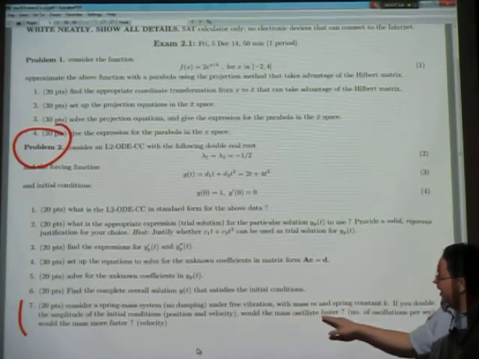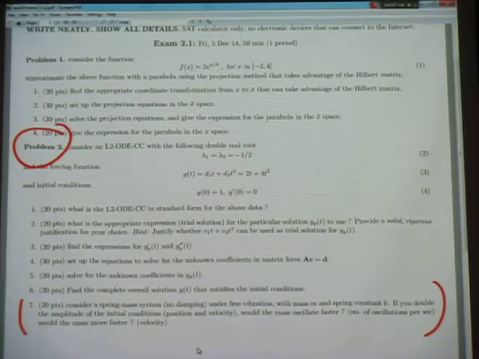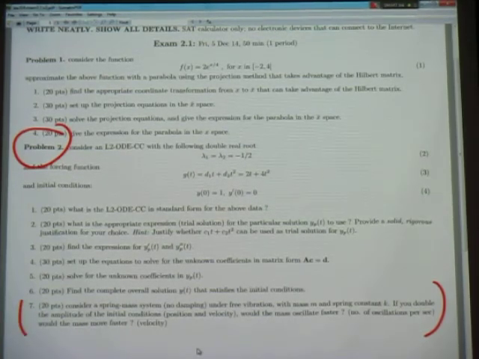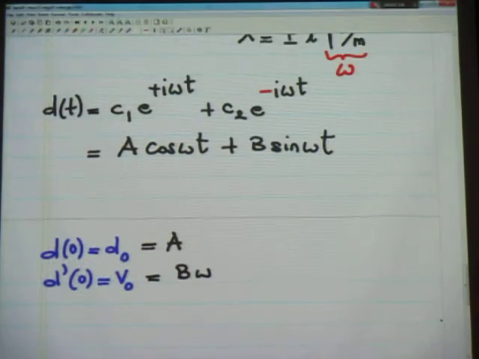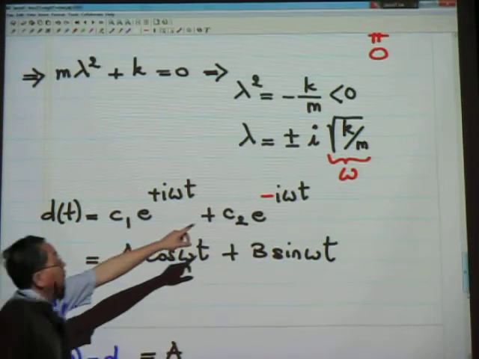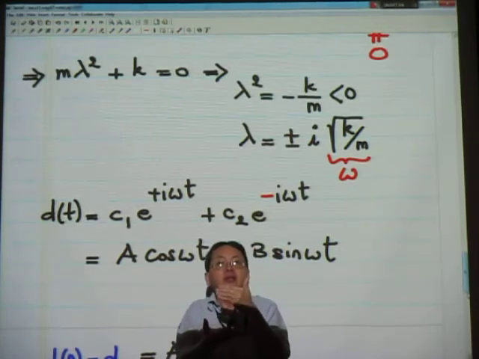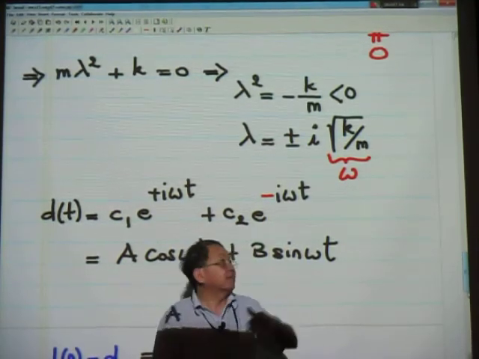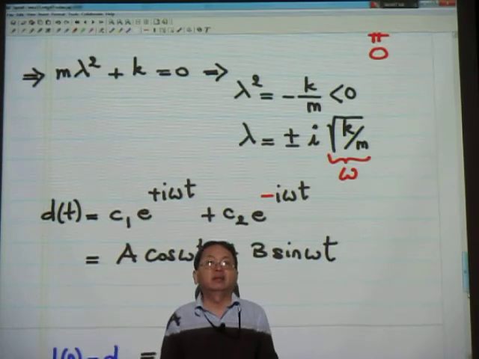Would the mass oscillate faster? The number of oscillations per second is related to the circular frequency. As I just showed, the circular frequency is only a function of the spring constant and the mass, square root of k over m, independent of the initial condition.